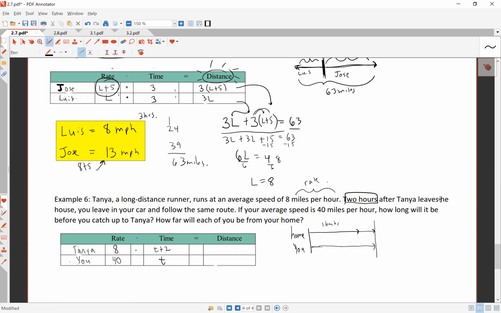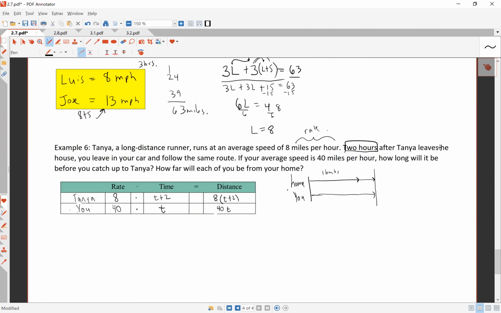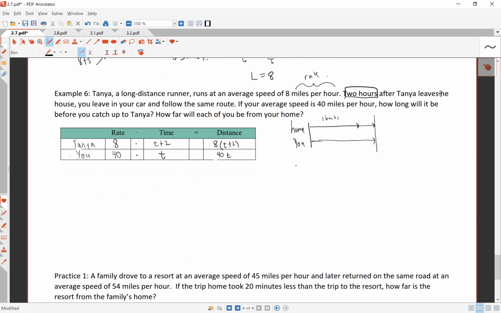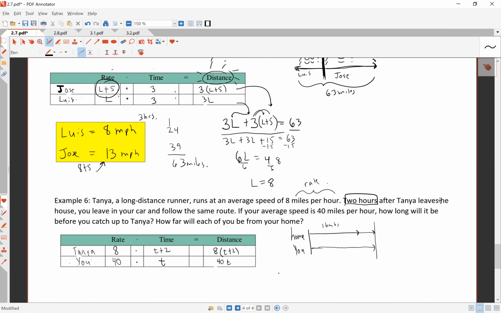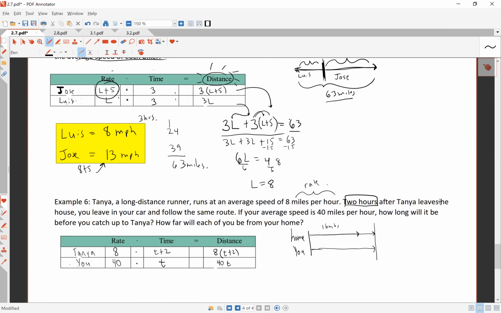And so all of these uniform motion problems go the same way. Once your 4 boxes are filled in, we write the distances. 8 times t plus 2 and 40 times t. Now, the last problem, we said they got 63 miles apart, so we added them up and set it equal to 63.